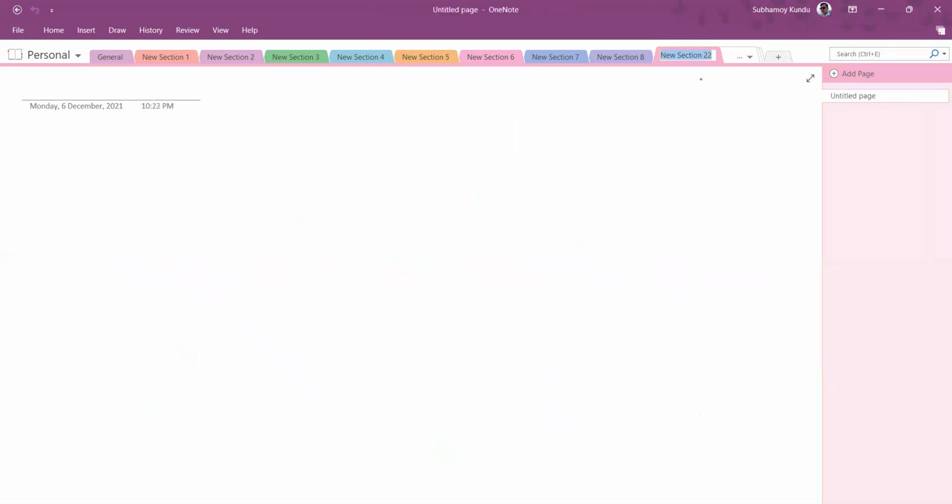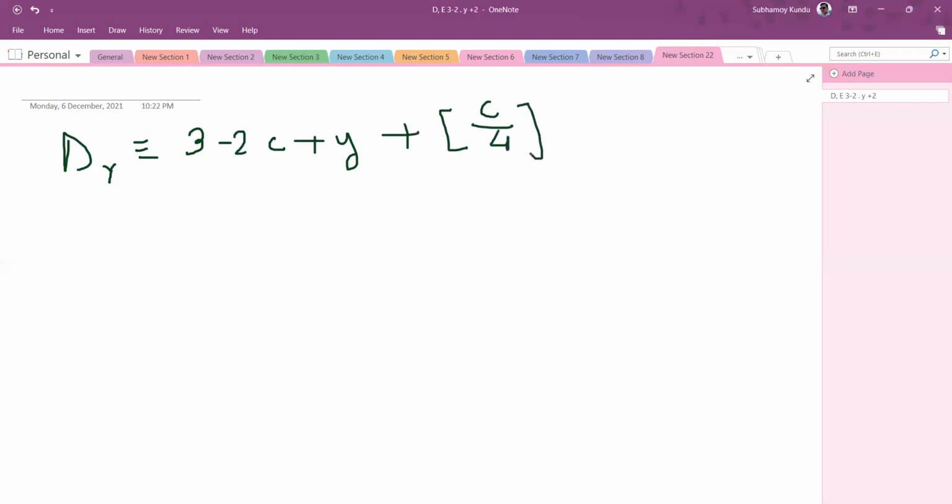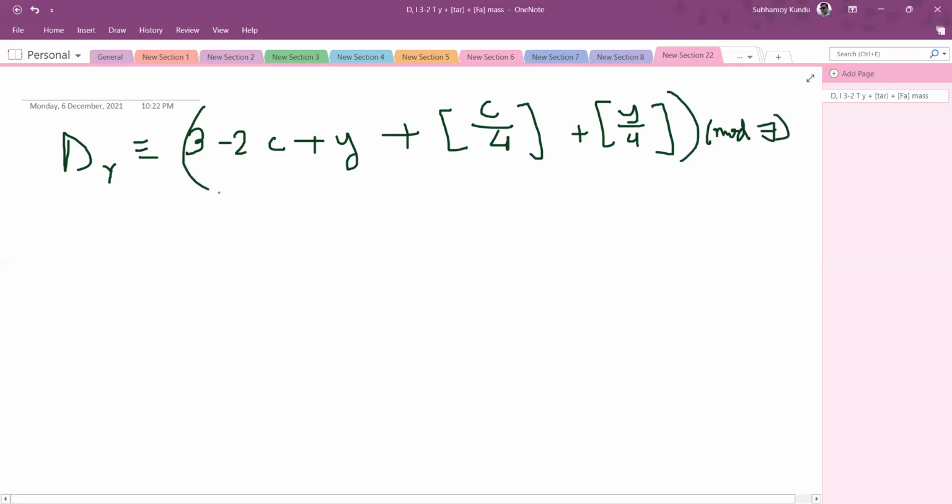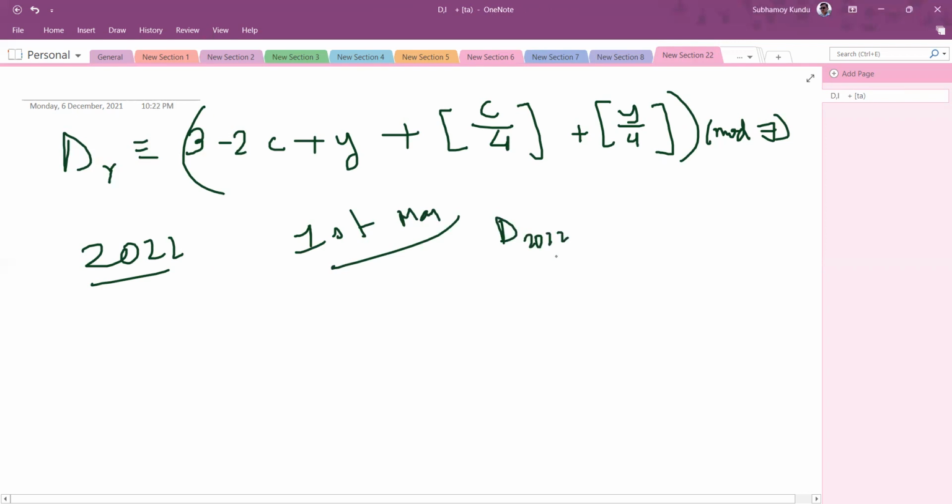So this D boils down to 3 minus 2c plus y plus c by 4 plus y by 4, mod 7. We are finding out D2022.